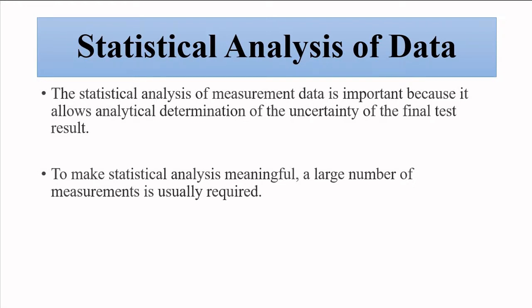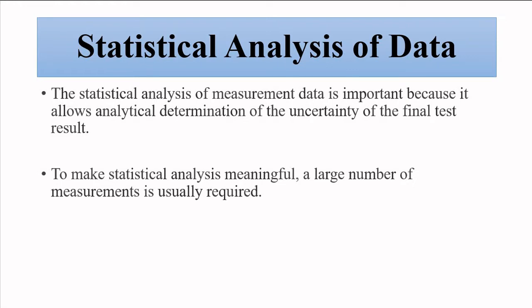It can be internal, it can be external. It can be because of the observer, his or her error, or because of the faulty instrument, or because of environmental effects, anything. The readings that we get, they are not always accurate. It is not the exact value of the parameter which we are trying to measure. It is always deviating from the true value.